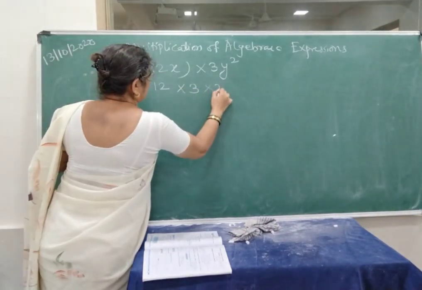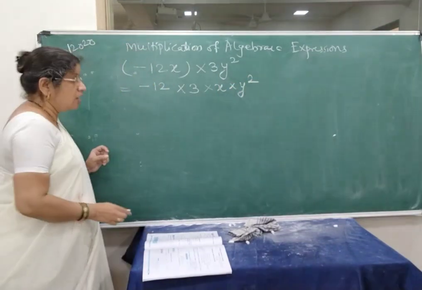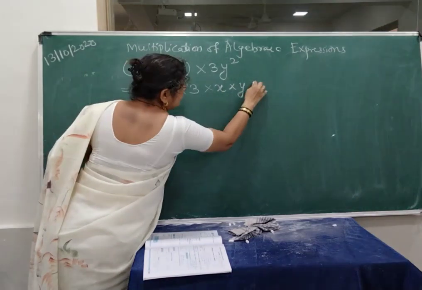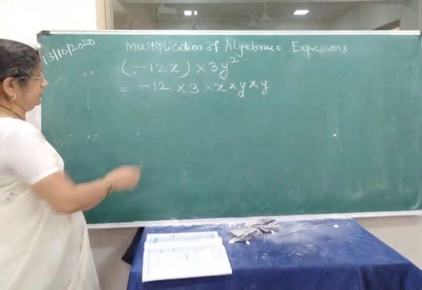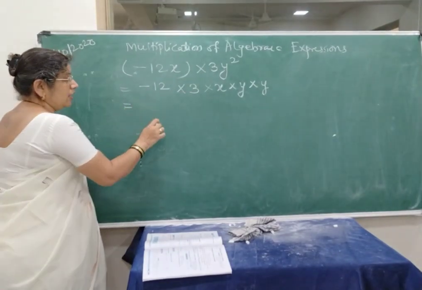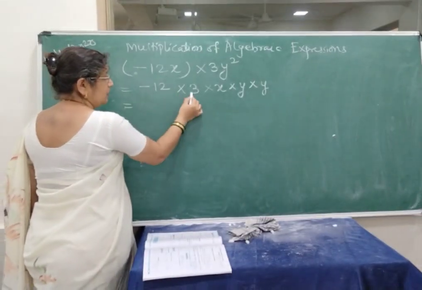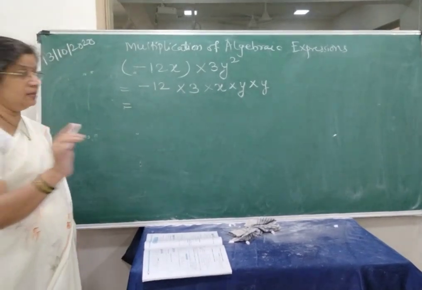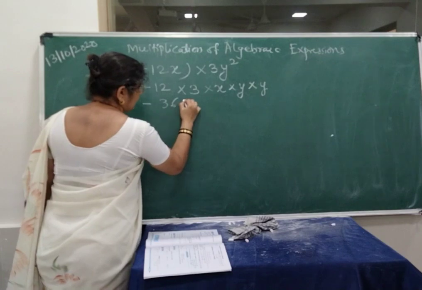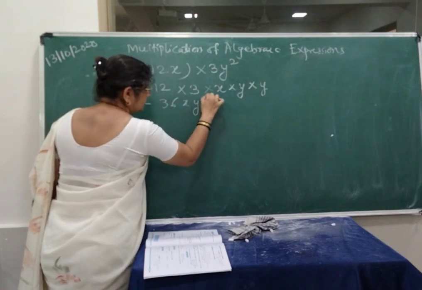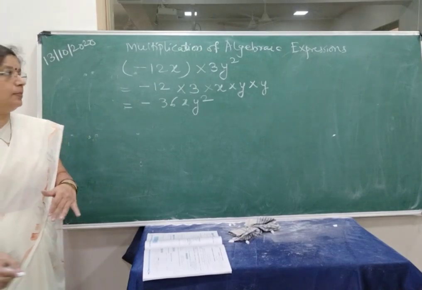Then into x into y square, or y square you can write as y into y. Now you have learned that minus into plus will become minus, and 12 3s are 36, xy square. This is how you have to solve the multiplication.